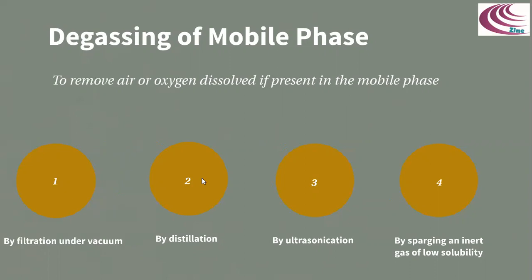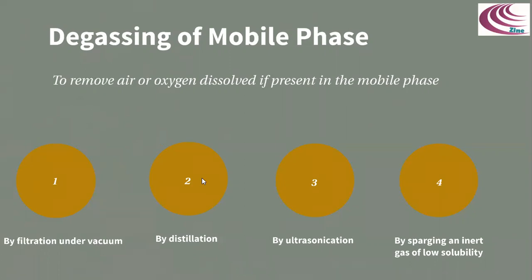Then in ultrasonication, sonication is the act of applying sound energy to agitate particles in a sample for various purposes. Ultrasonication is sonication using ultrasound, that is, sound with a frequency greater than the upper limit of human hearing, approximately 20 kilohertz.